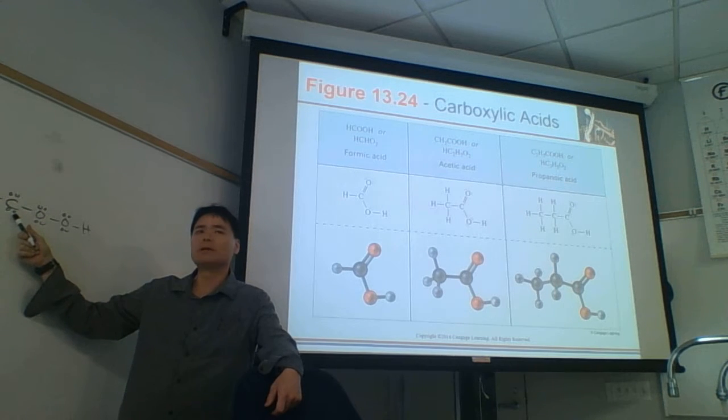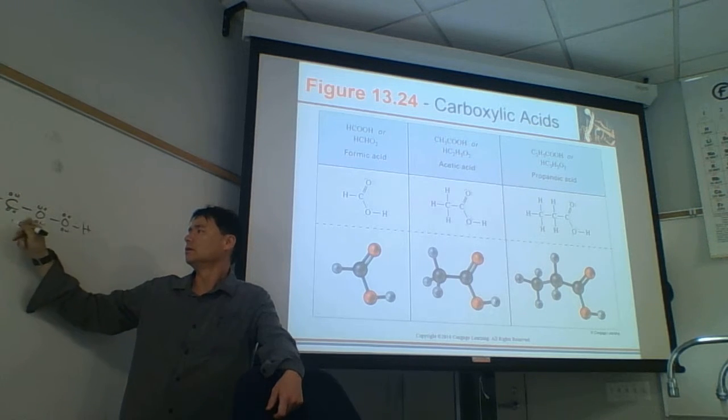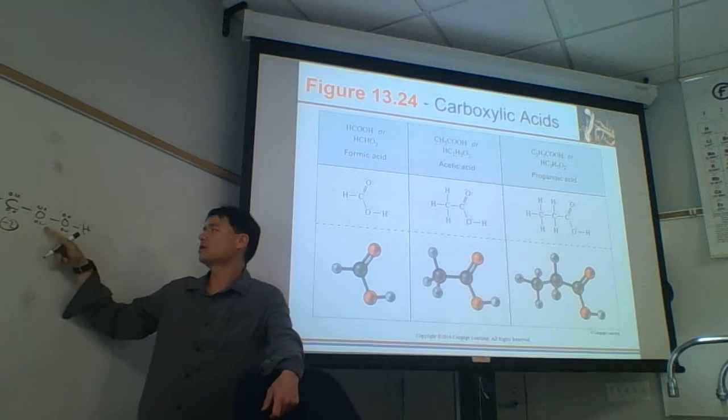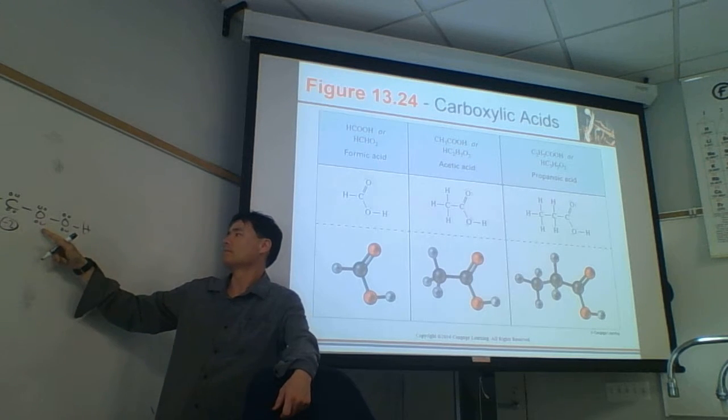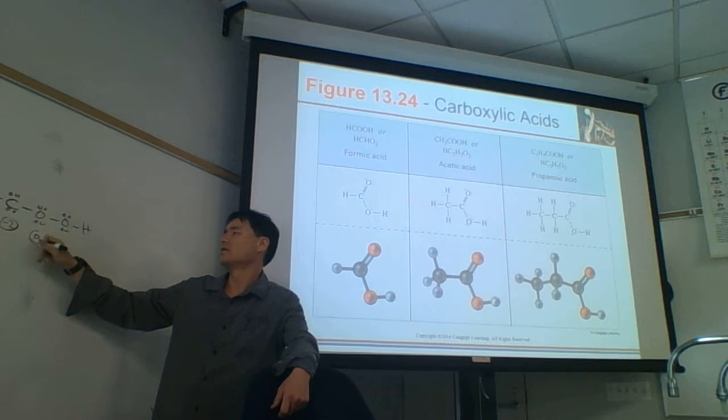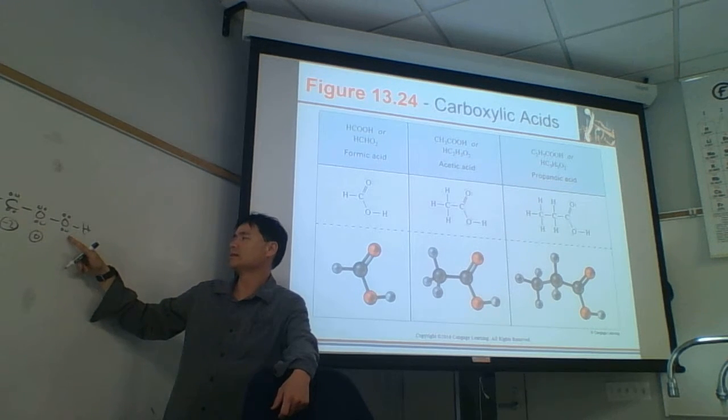But when I get to this carbon, what's the formal charge here? -2. This is -2. And this oxygen? Actually, the formal charge of this oxygen turns out to be 0. And this one? 0. Basically everything else is 0.